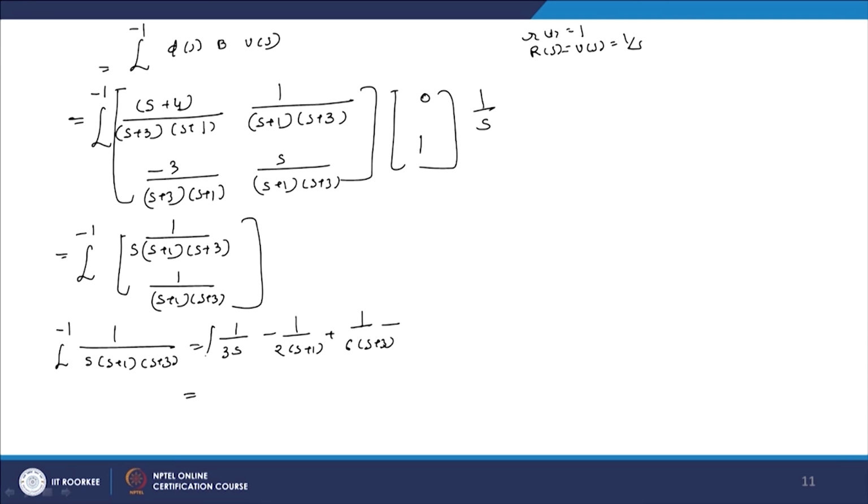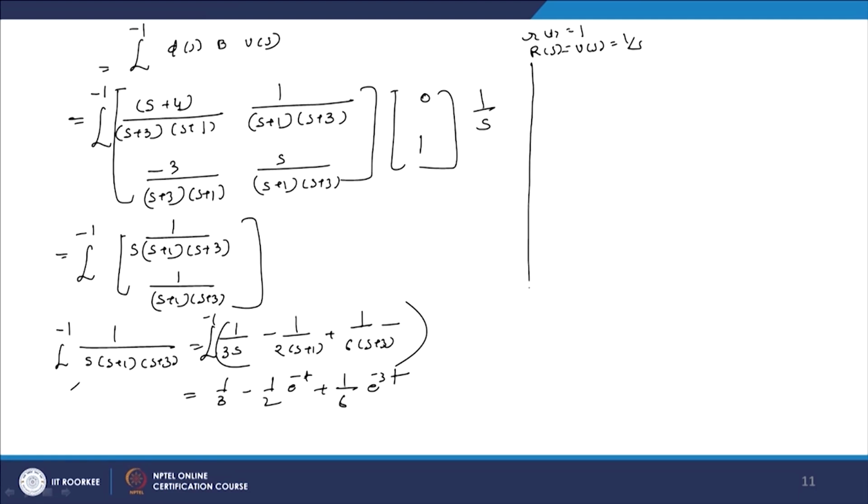So, we can get 1 by 3 minus 1 by 2 e raised to minus t plus 1 by 6 into e raised to minus 3t. So, we have taken the Laplace inverse of this.